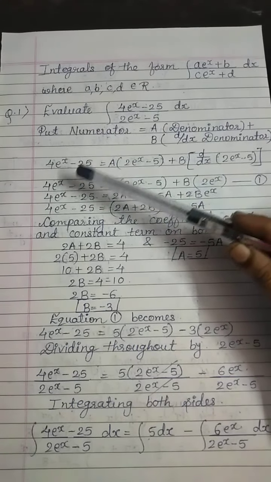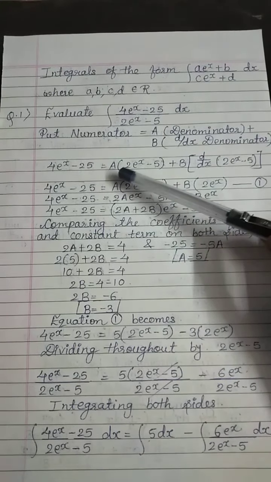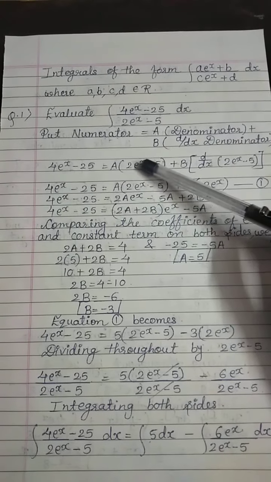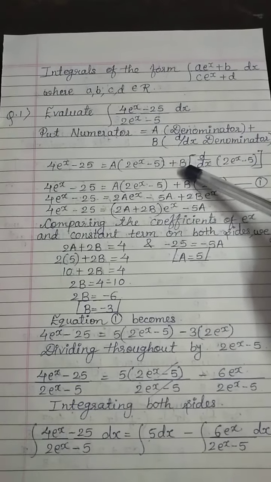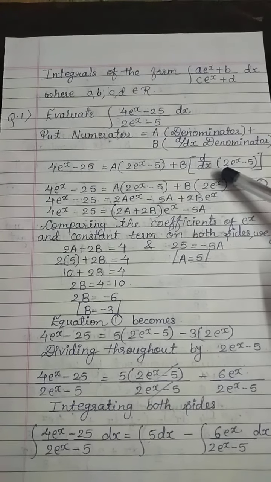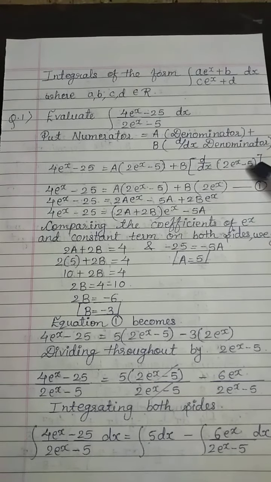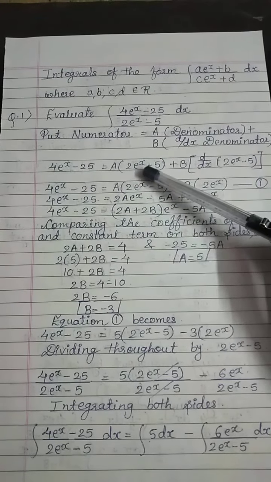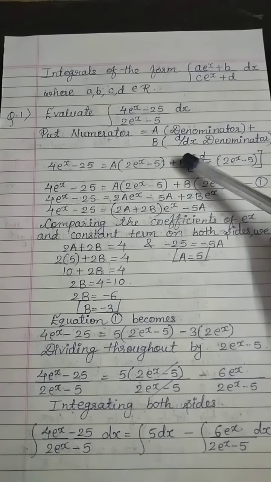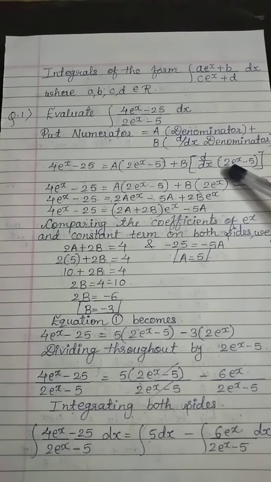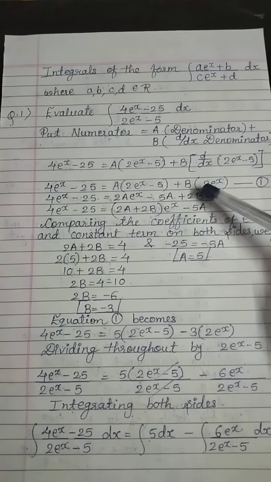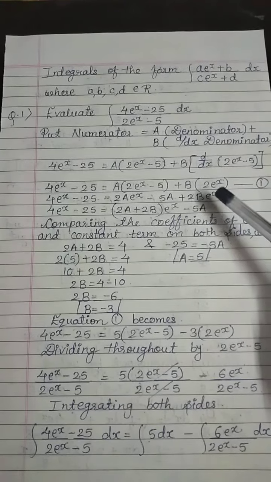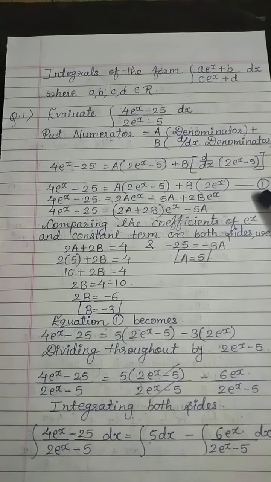So the numerator 4 e raised to x minus 25 is equal to a into the denominator, that is 2 e raised to x minus 5, plus b into the derivative of the denominator. The first term will be as it is, and b into the derivative of this term, that is 2 e raised to x, because the derivative of 5 is 0. We call this equation number 1.